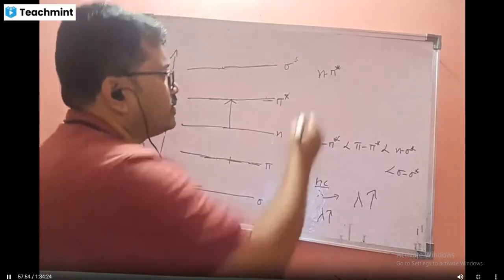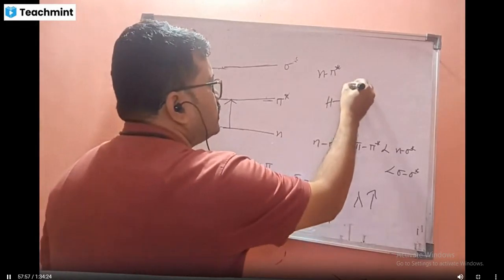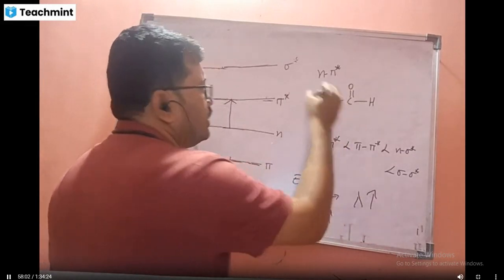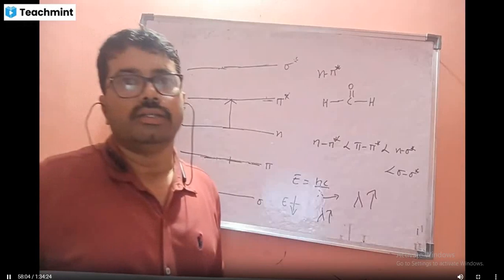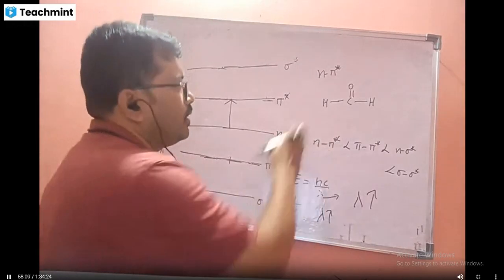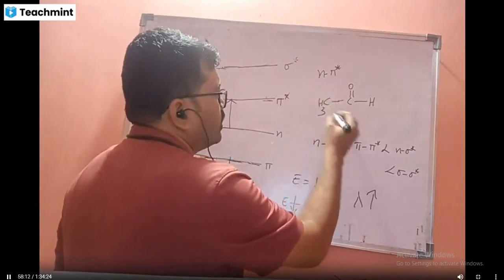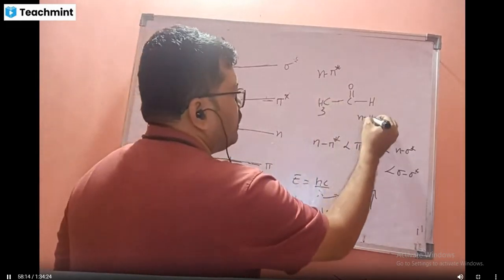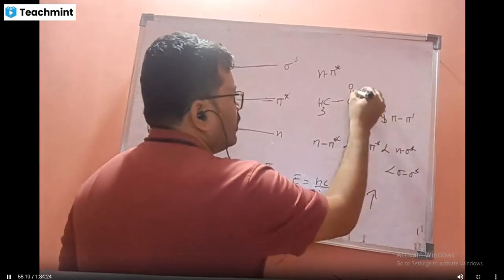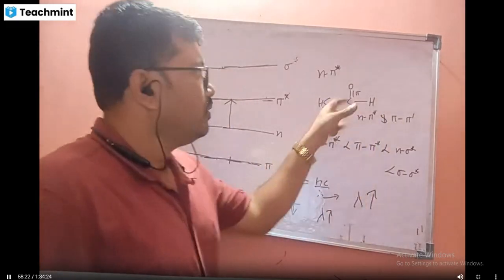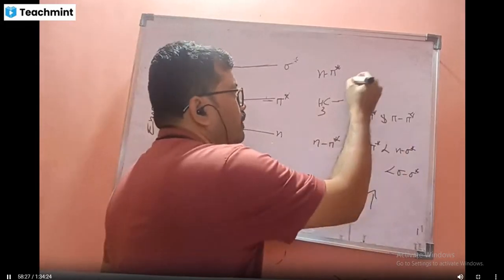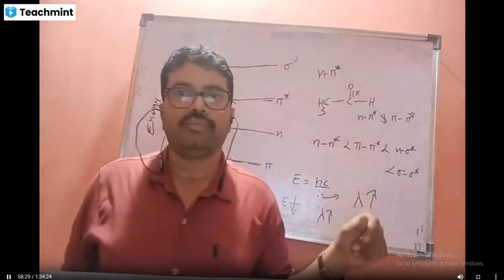Saturated aldehyde. See, this is an aldehyde. Saturated aldehyde. Type of transition, say aldehyde for example. So here n to pi star and also pi to pi star. Here there is a pi bond, so pi to pi star, and since there are two lone pairs, n to pi star.